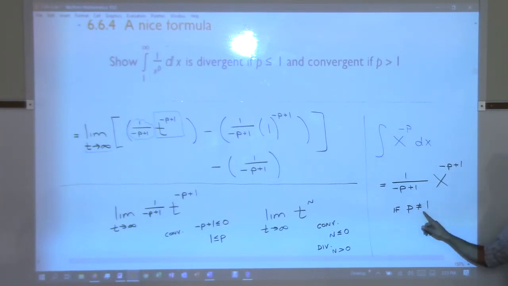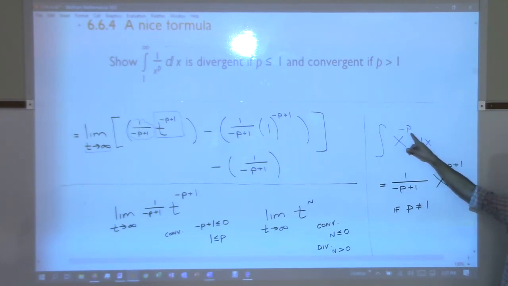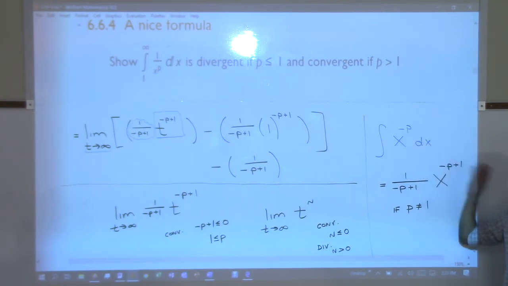No, p is not 1. But if p is 1 here, do you all agree that this is 1 over x? And the antiderivative, that's just natural log of x. So we'd have a different antiderivative to work with. Yes? Okay.